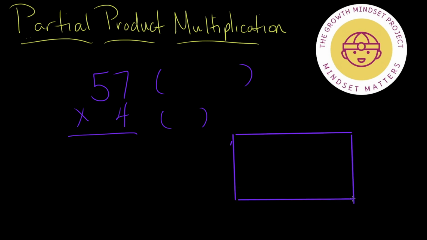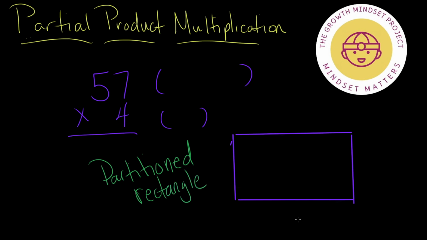So this is called, excuse my non-perfect rectangle, a partitioned rectangle, and I bet you can see the word part in the word partition. So that means we're going to turn this rectangle, we're going to give it some parts.